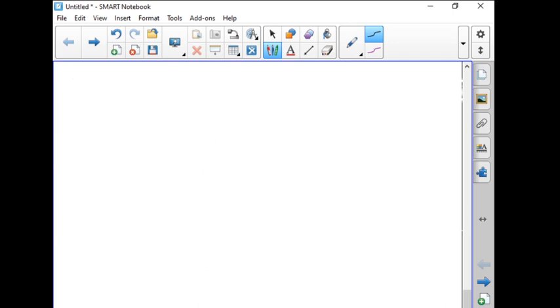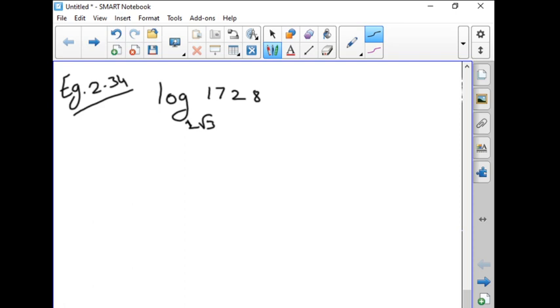So we will do an example first. Example 2.34. Find the logarithm of 1728 to the base 2 root 3. That is, it is asked to find log 1728 to the base 2 root 3. Base is 2 root 3.